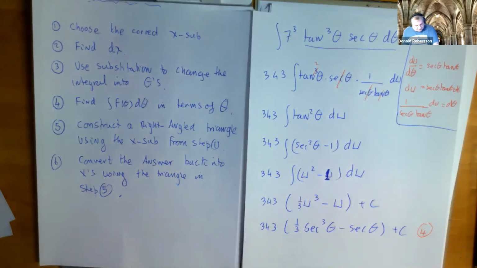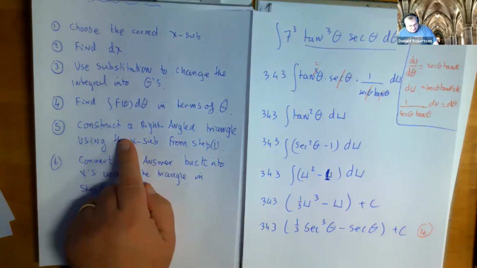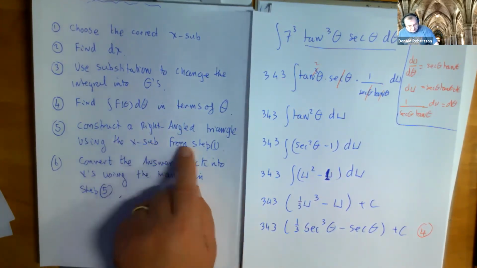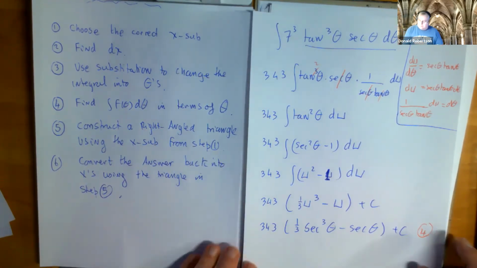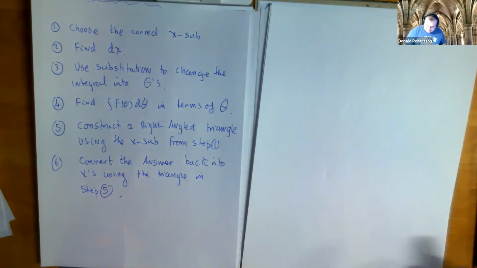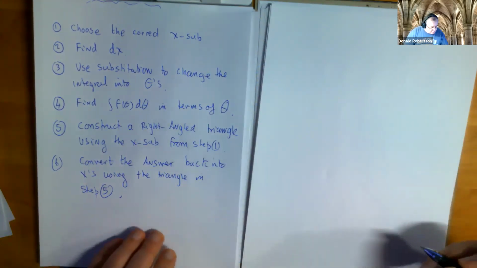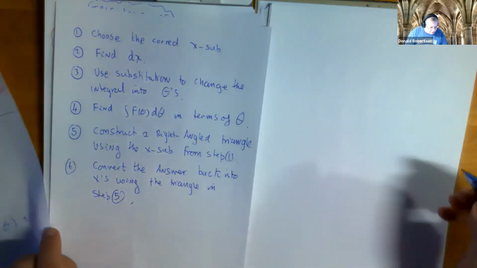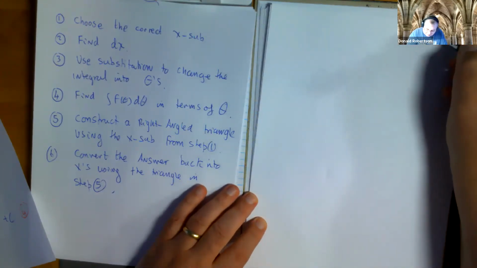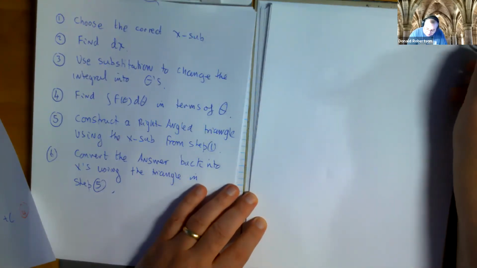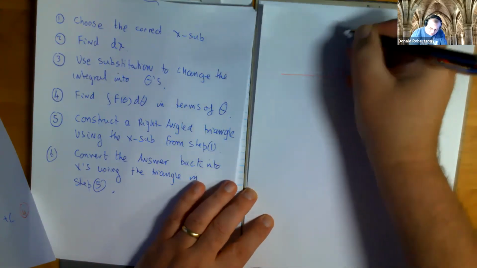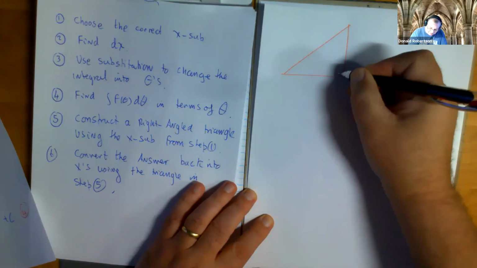So what does the next thing on the list say? Construct a right angle triangle using the x sub from step 1. The x sub from step 1 said that x was 7 tan theta. And the right angle triangle that we're being asked to create looks like this.